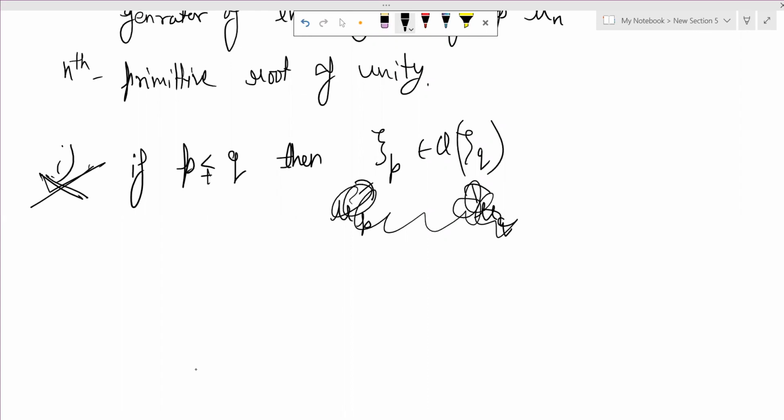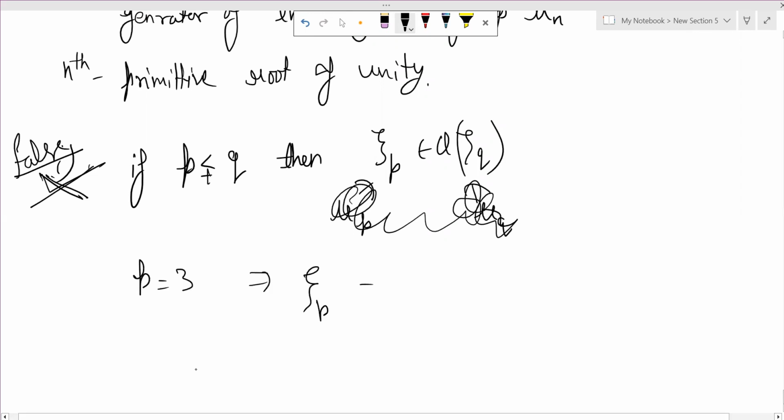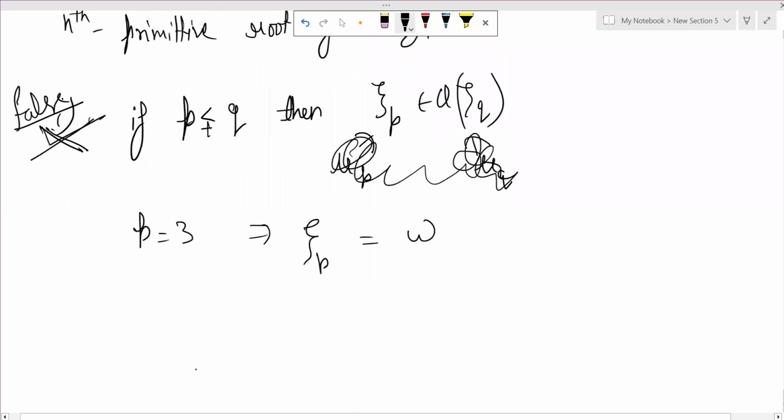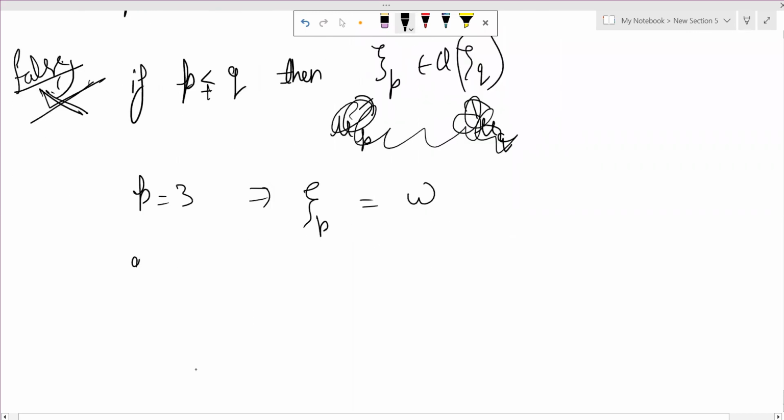If this is a false statement, how will you prove it? P equals 3, then zeta p is equal to omega. Take q equals 5. Or you can take q equals 2, right? Then what is zeta q?